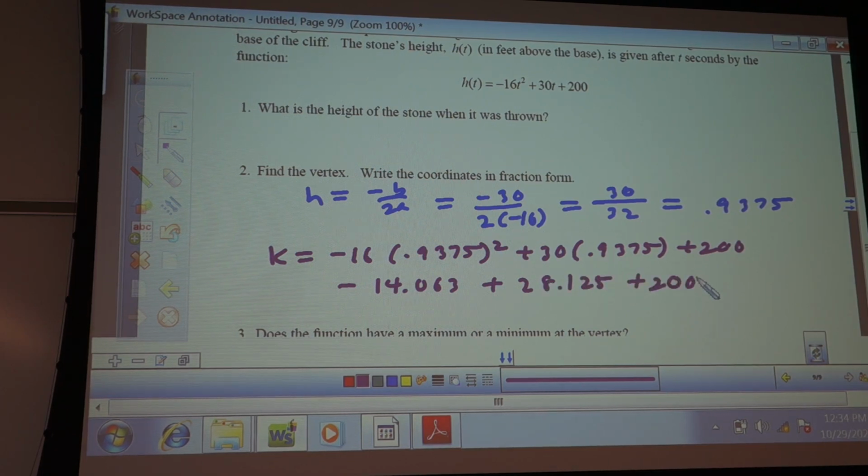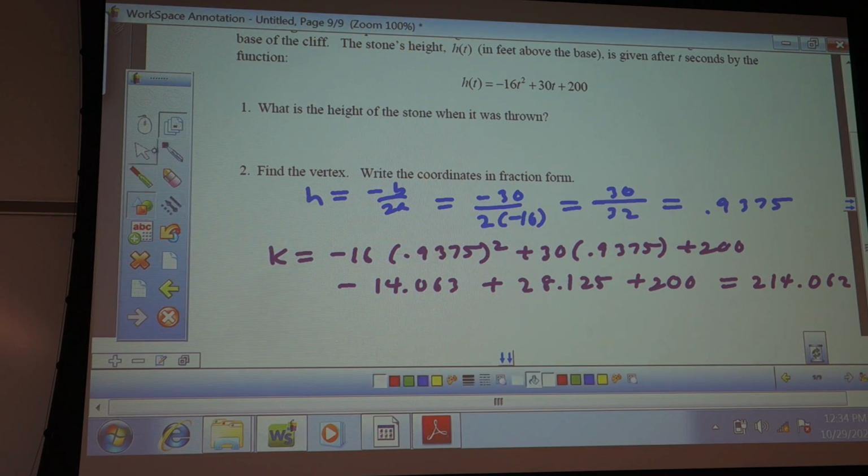Now if I add those up, plus 200 minus 14.063, I will get 214.062. So I'm okay if you did that instead.